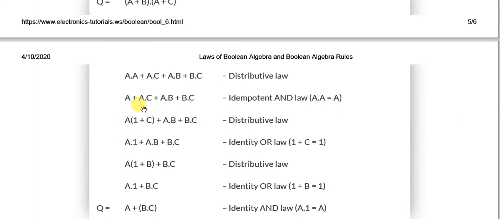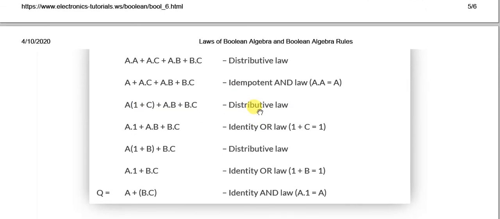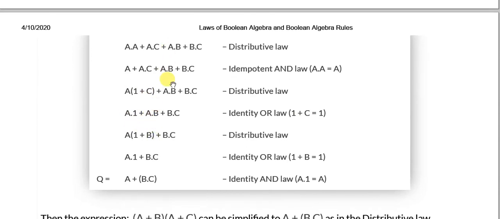Similarly, when you take A common, then 1 plus C, so by the distributive law we take common, then 1 plus C is equal to 1, the identity OR law. Here we put 1 plus C is equal to 1. That's how we simplify logical equations.